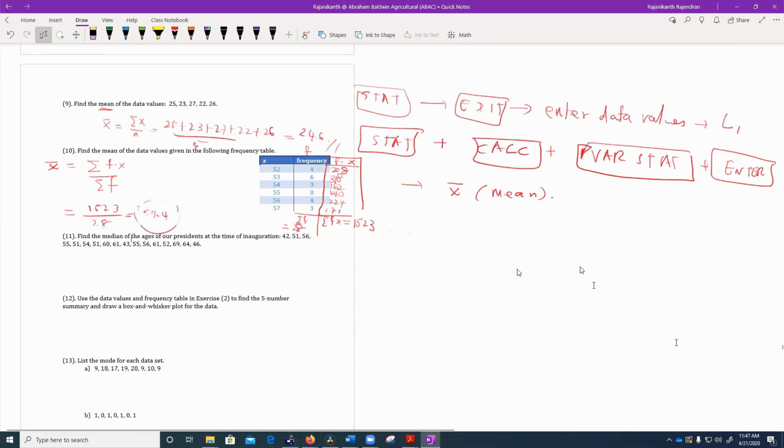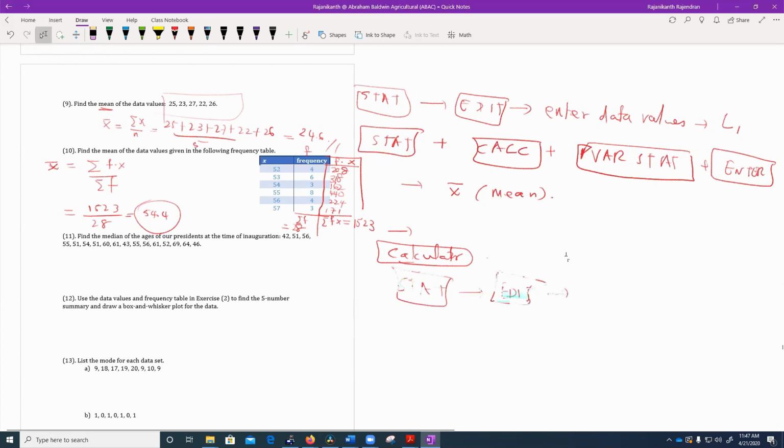Again, you could use the calculator for the table. Now unlike the previous problem, where you had only data values and entered all into the L1 column, now you have two columns: data values in one column and frequencies in another. Therefore, you need to use two columns. So go to stat, go to edit.